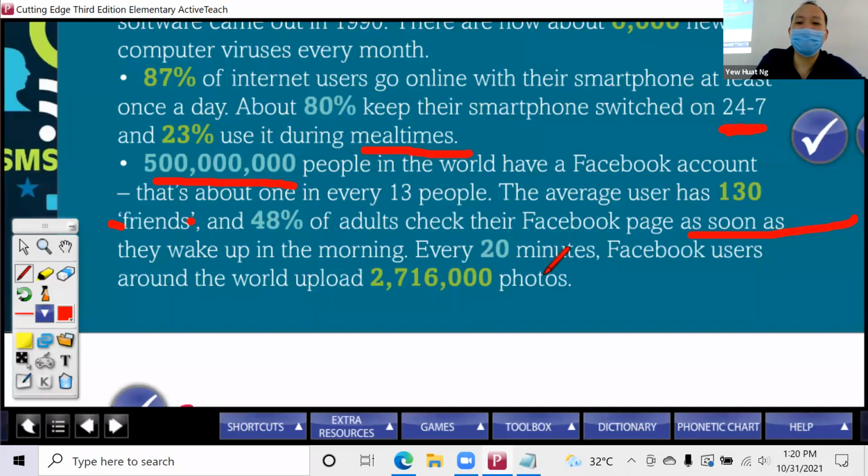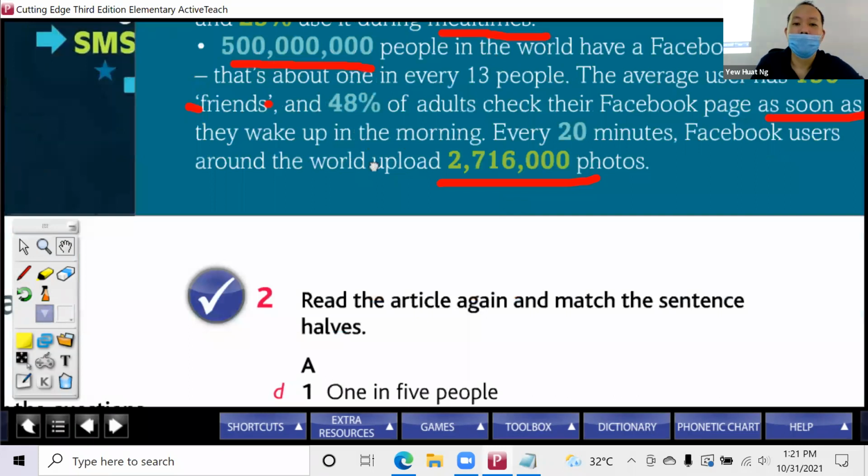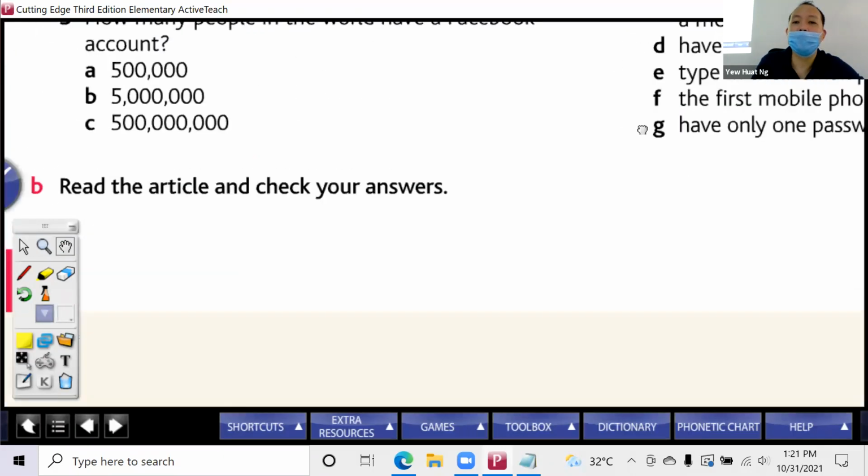Every 20 minutes, Facebook users around the world upload, what number is this? 2,716,000 photos. Okay. All right. Any questions here?